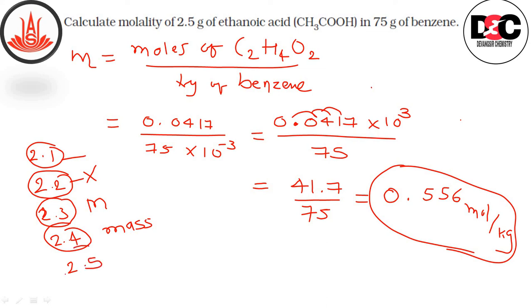And 2.5, calculate the molality, that is small m, molarity, that is capital M, and mole fraction. All these parameters which we have done, all these sums are related to that only.